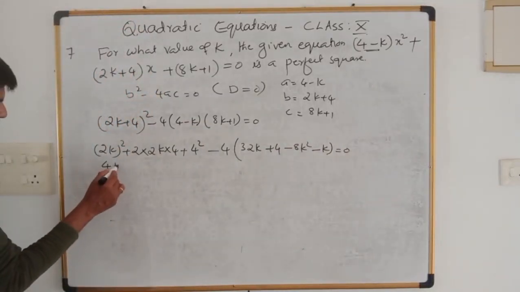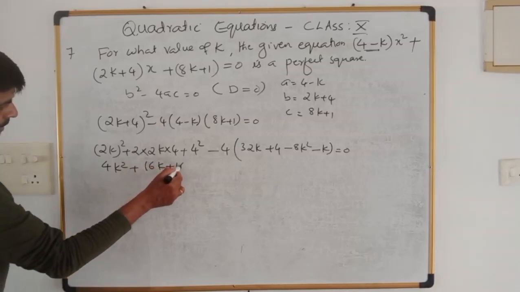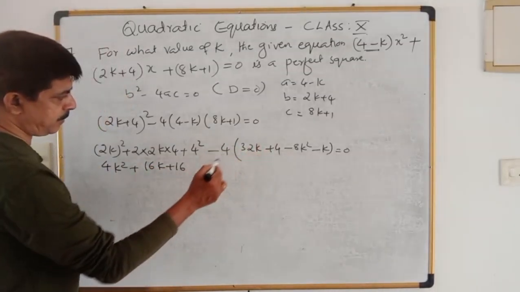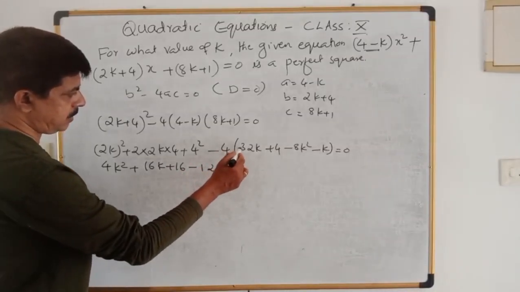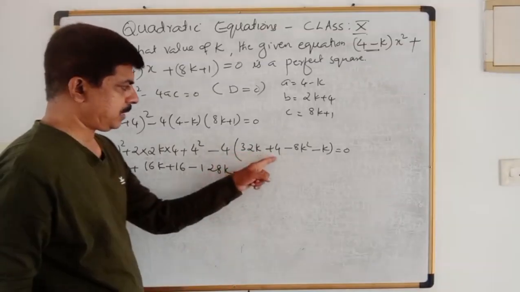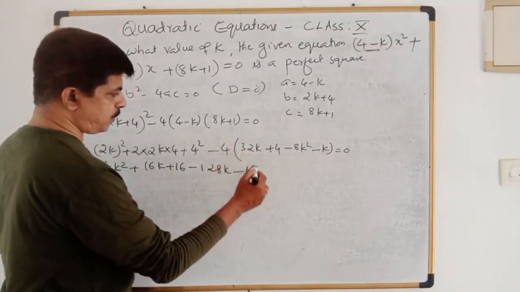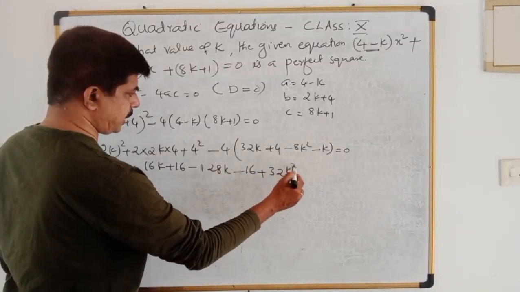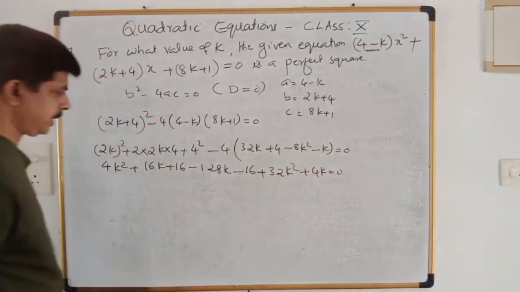So here 4k square plus 16k plus 16. Now again we have to open this bracket, multiply by negative 4: 128k minus 16. Sign will be changed. When you open the bracket, all the signs should be changed. Negative becomes positive, positive becomes negative. 8 4s are 32k square plus 4k equal to 0.